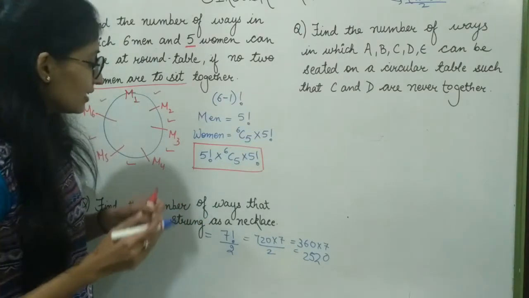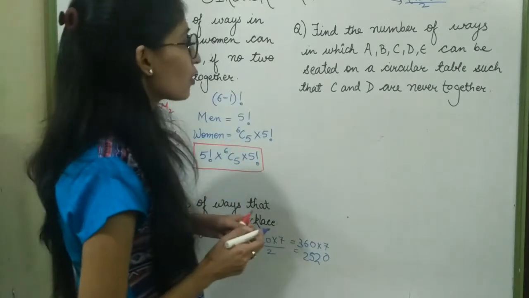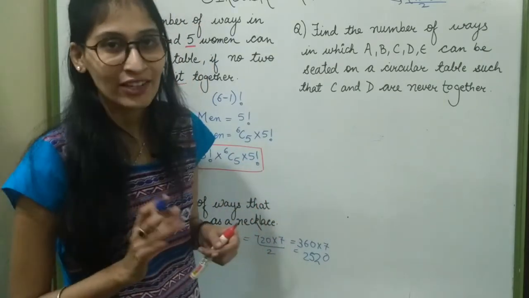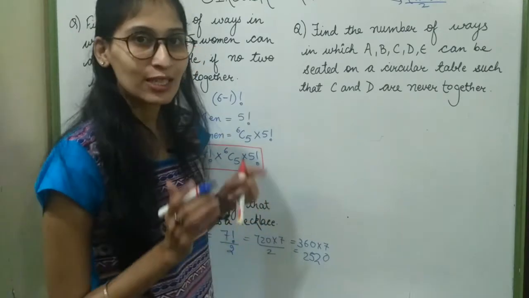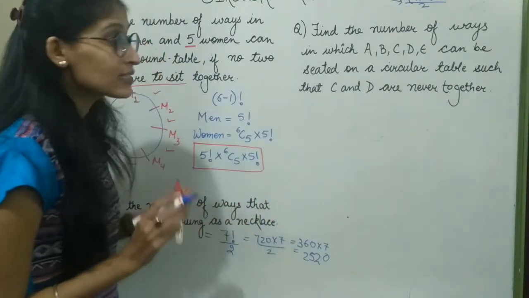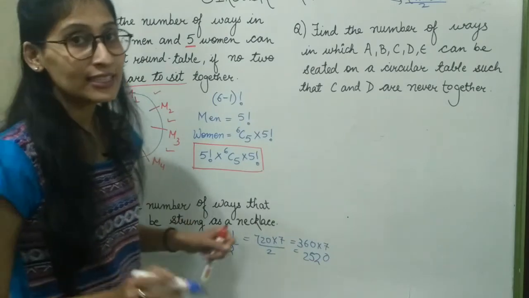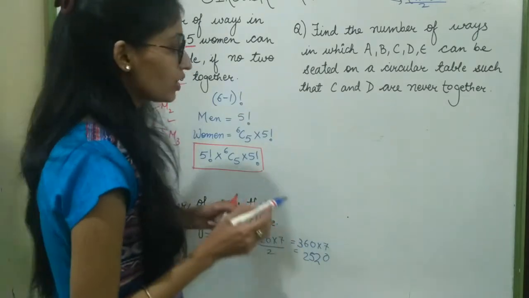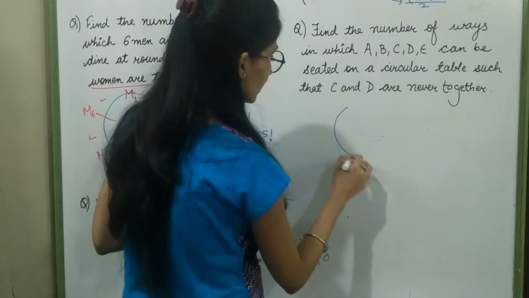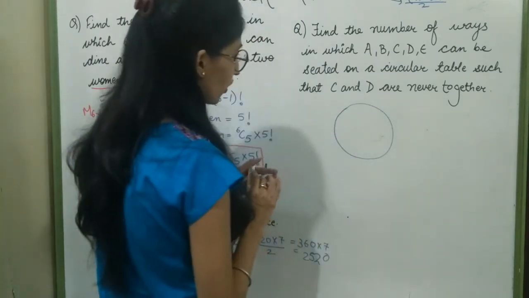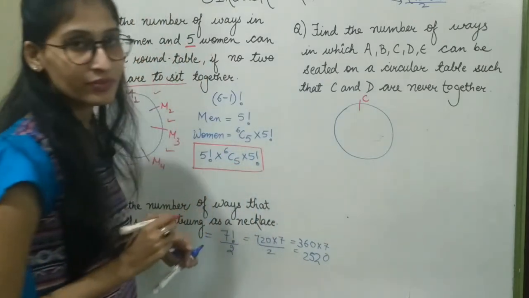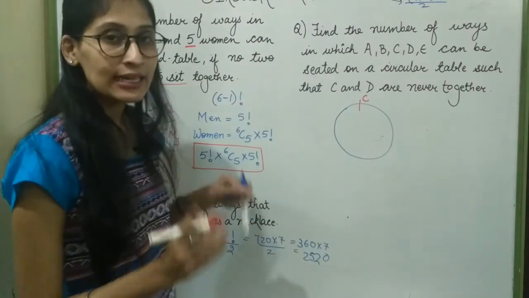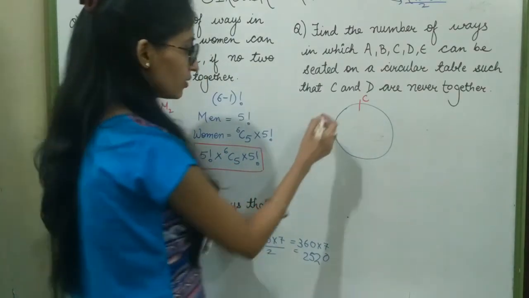So the total number of ways is 2520. Next is, find the number of ways in which 5 persons A, B, C, D, E can be seated on a circular table such that C and D are never together. So in this case, I am first allotting a position to C. Now, C and D can never be together.